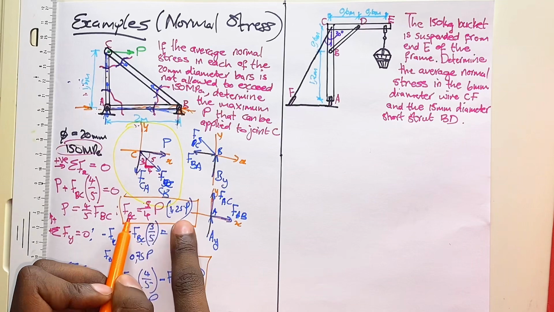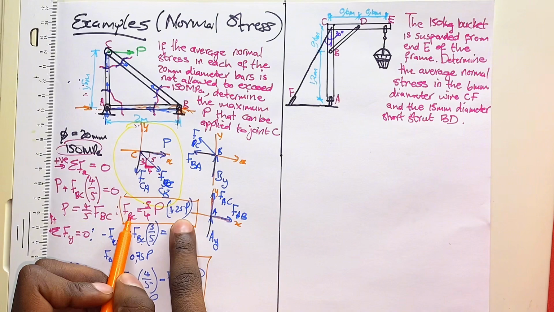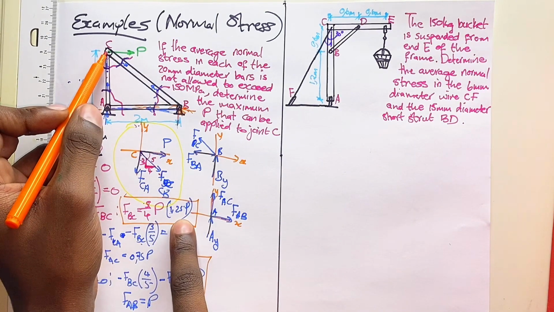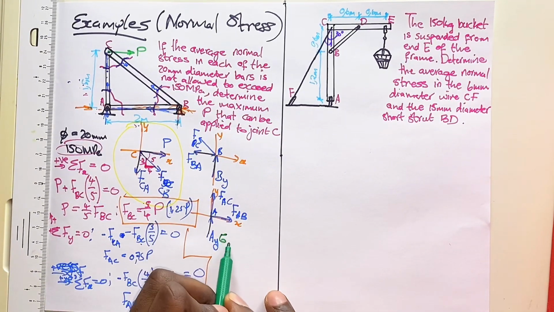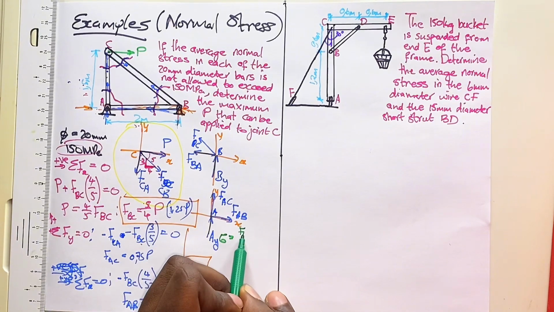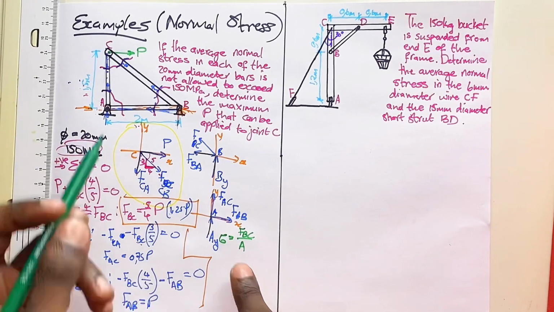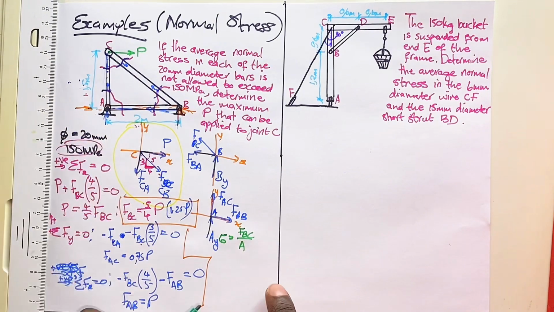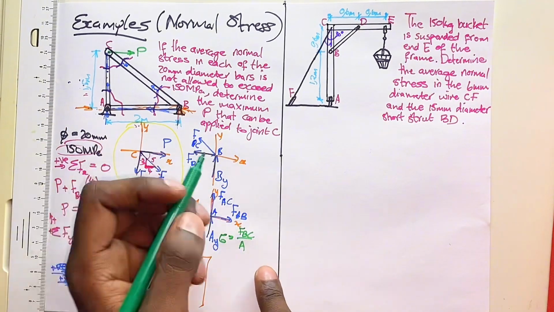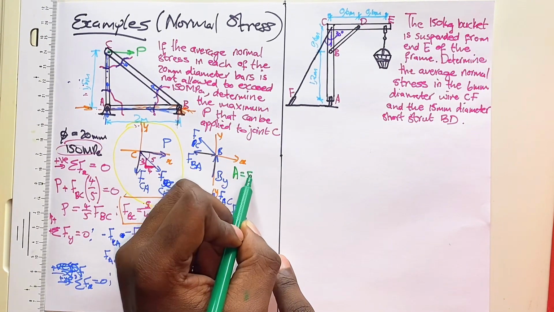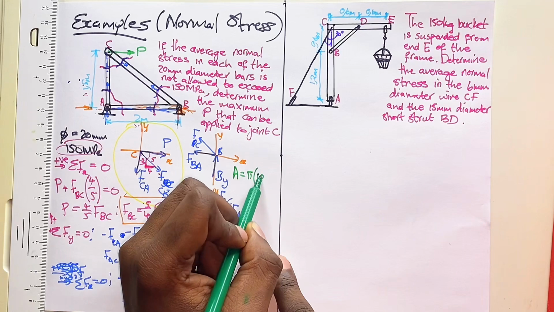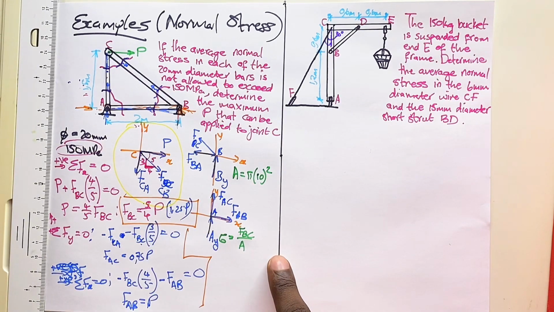Now that we know our critical force, let's calculate the stress that is acting in that member BC. Now, normal stress is given by force BC over cross-sectional area of the member. We know that the diameter of our member is 20 millimeters, which means our area will be equal to pi times 10 squared.